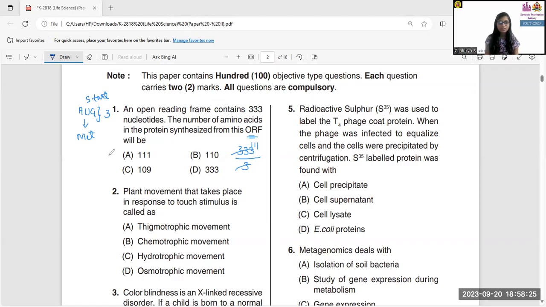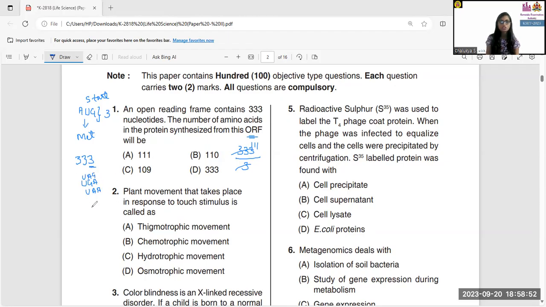Right? So here, in this 333 nucleotides, the remaining 3 is there, right? The last 3 nucleotides are the stop codon, that is UGA, UAA, and also UAG.